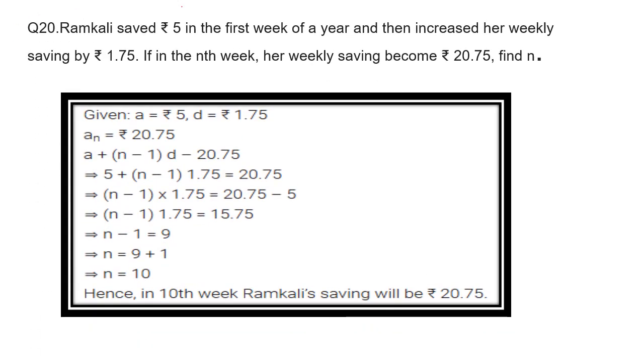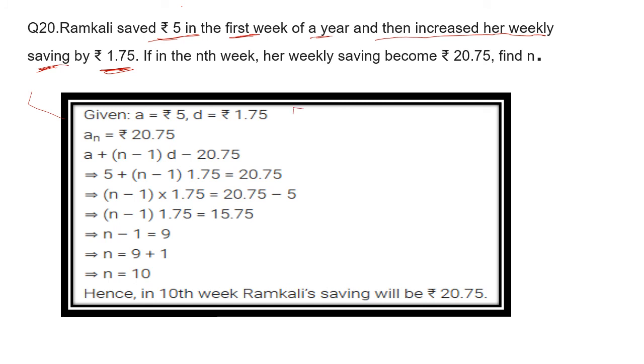Last question of this session, question number 20. It says, Ramkali saved rupees 5 in the first week of a year and then increased her weekly saving. She is saving the money week-wise and increasing it week-wise by 1.75.